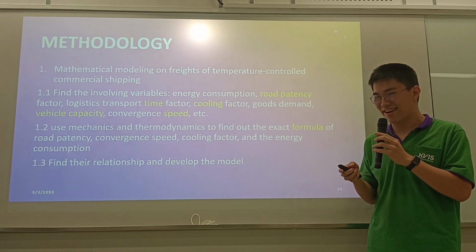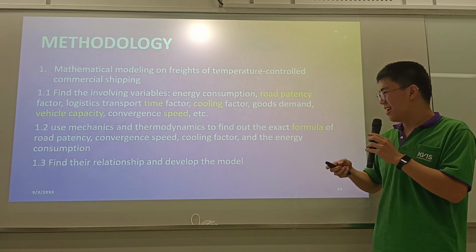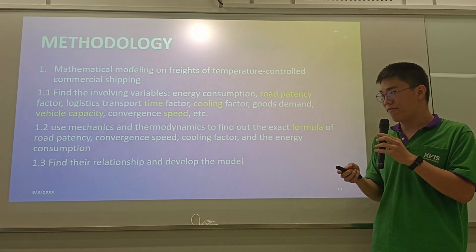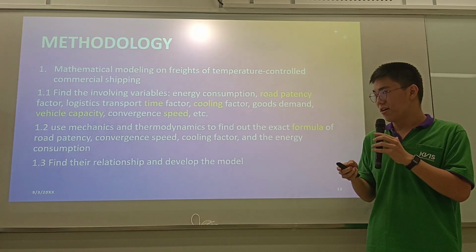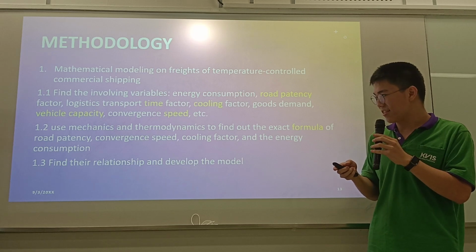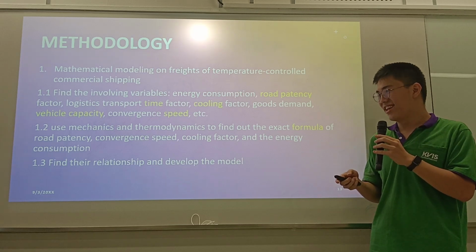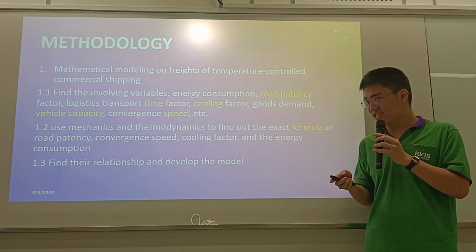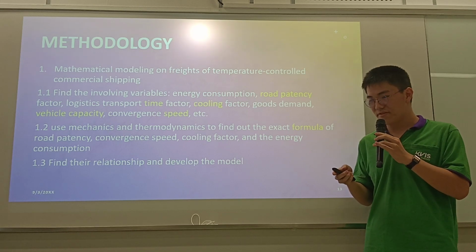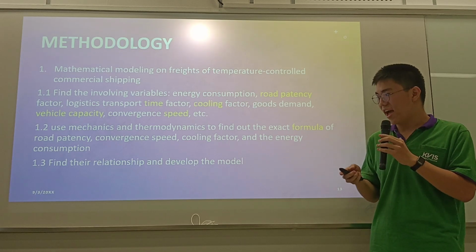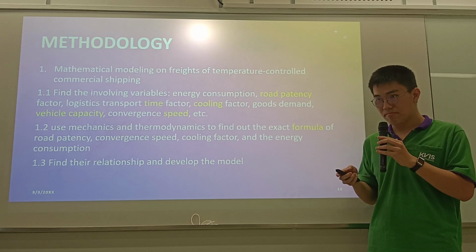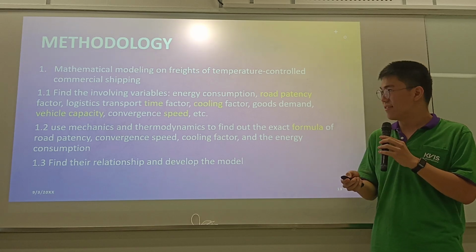This is the only part that involves physics, to find the exact formula of the road passability, the convergence speed, the cooling factor, etc. Then we find the relationship of each variable and develop the model for the freight.